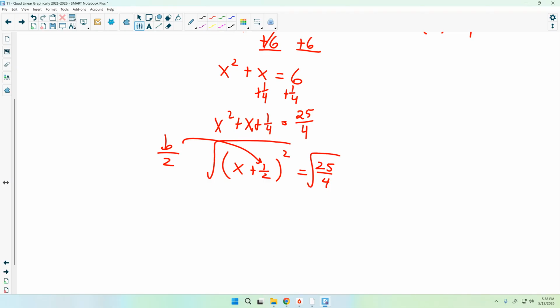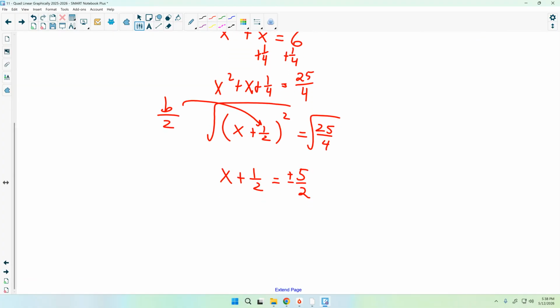Taking the square root of the left side undoes that exponent. We don't need those parentheses anymore. And now we have x plus 1/2. On the right side, 25 and 4 are both perfect squares, so we can take their square roots, giving us 5/2. But not just 5/2, plus or minus 5/2.